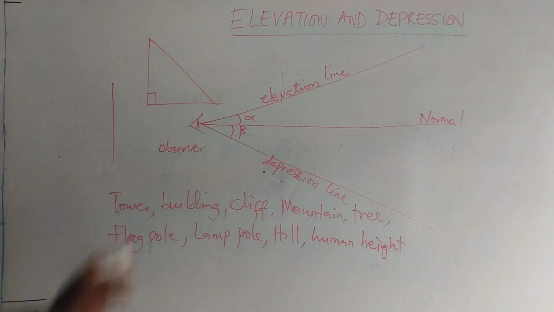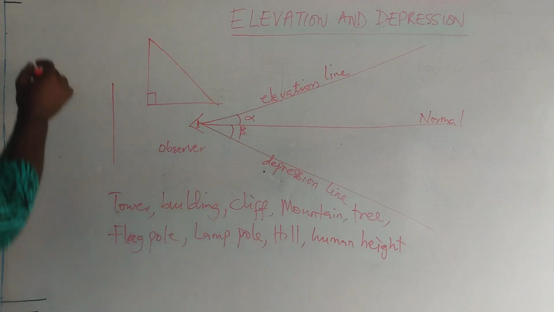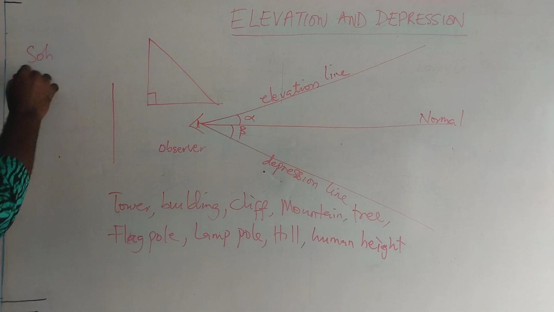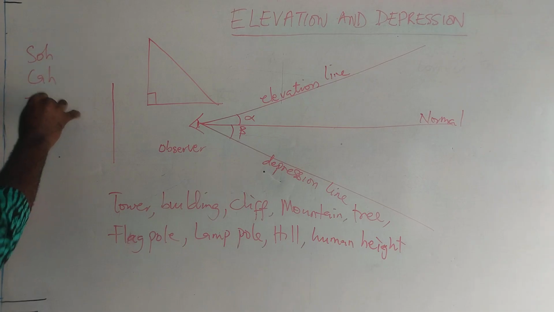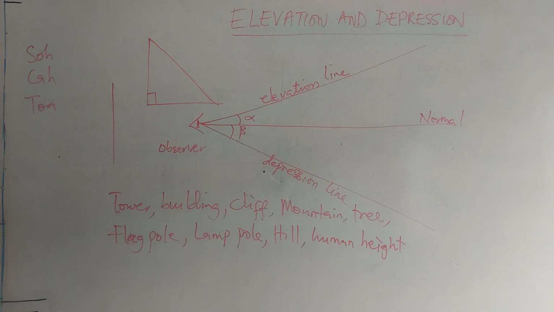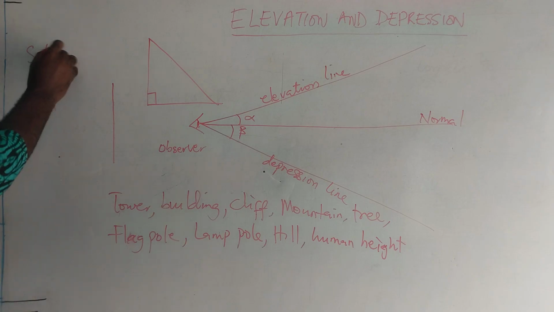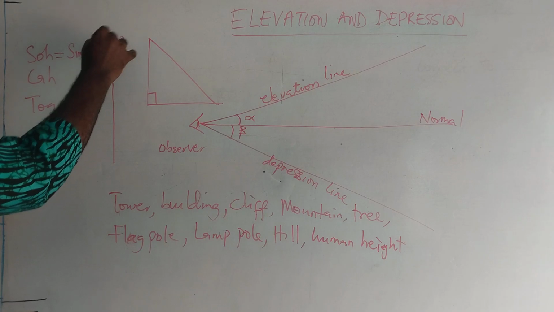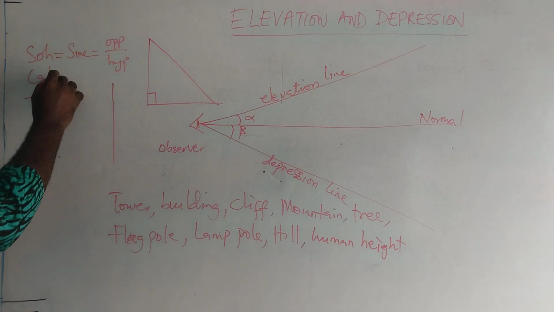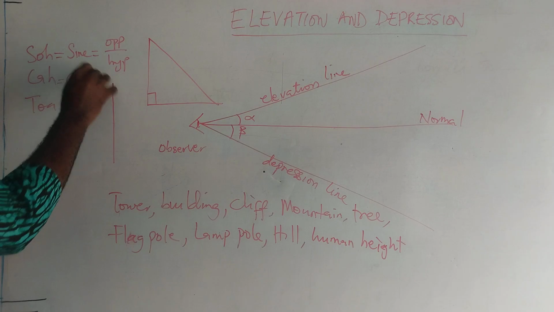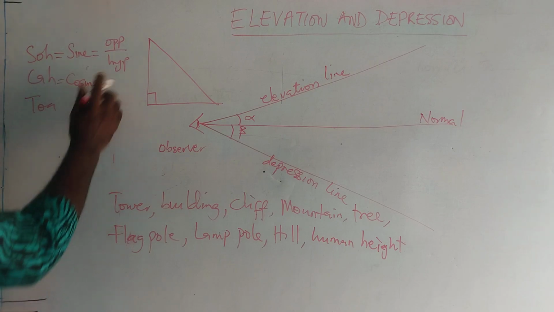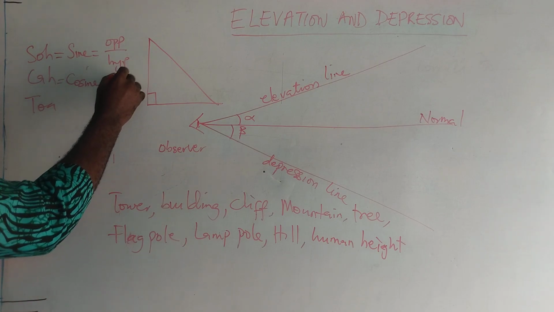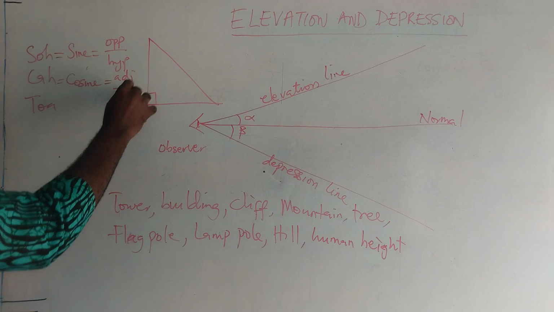And because we get right-angled triangles, we use what we call SOHCAHTOA. That is trigonometry, where S stands for sine, which is opposite over hypotenuse. C stands for cosine, which is adjacent over hypotenuse.